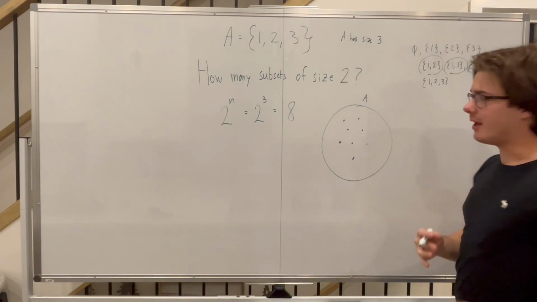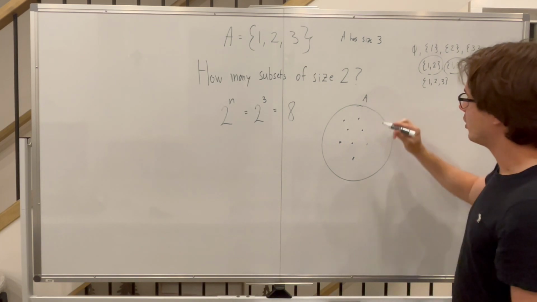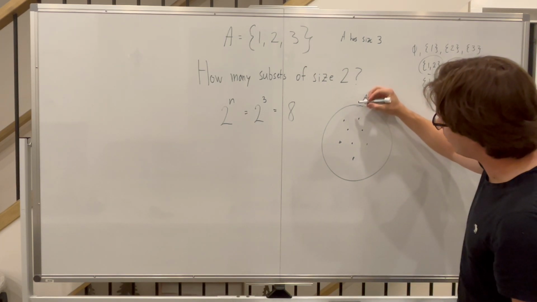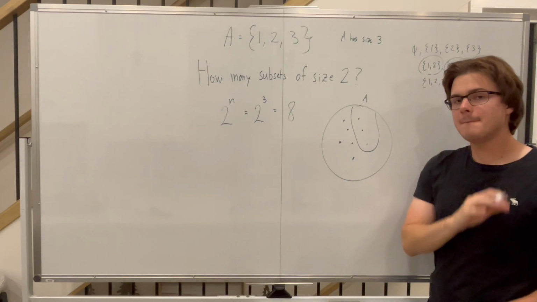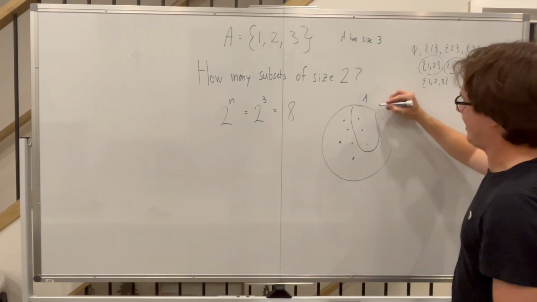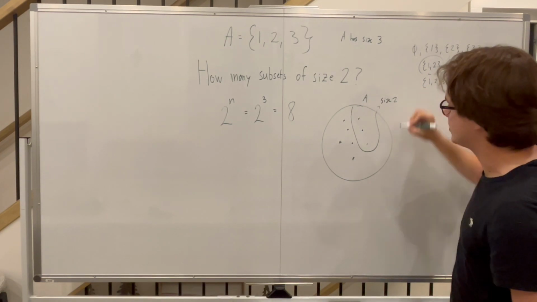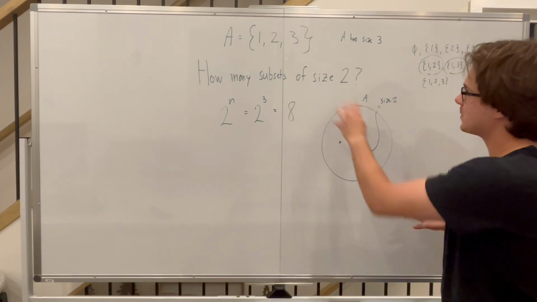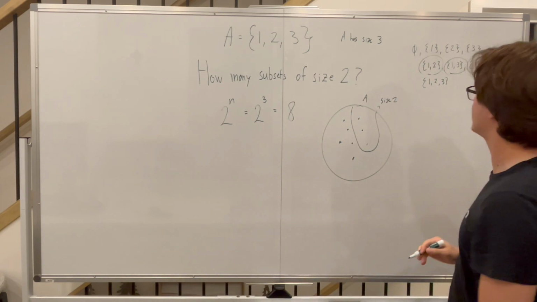So you can think of it like if you have a huge circle with all of the subsets of a set, what this question is asking is, if we carve out this little area, how many subsets are going to be in it? And this area represents size 2.